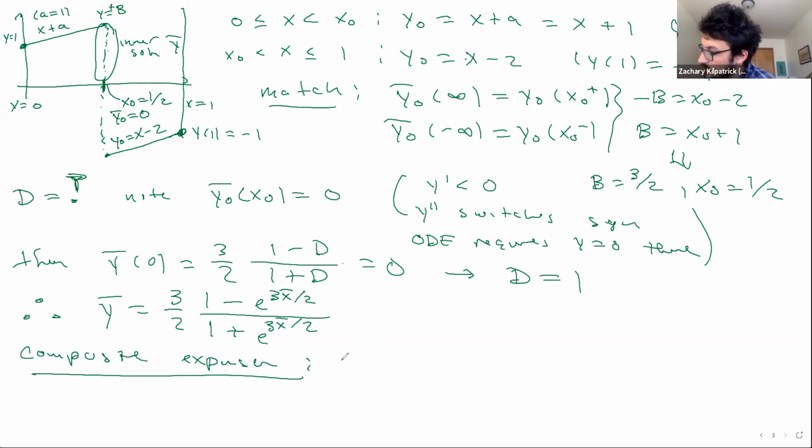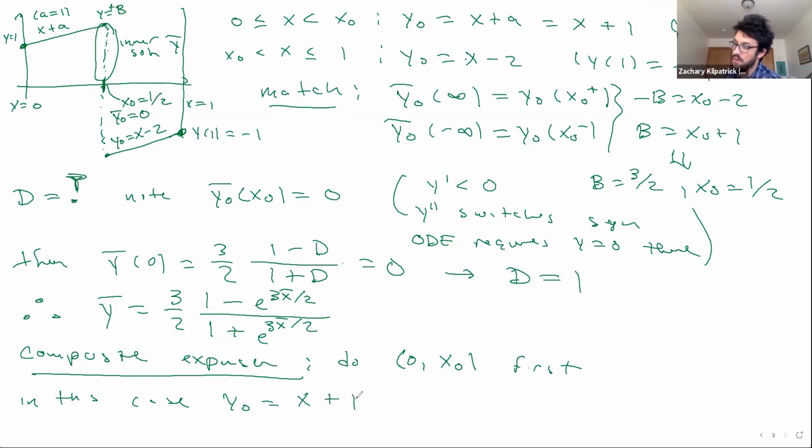So we'll do 0 to x0 first. In this case, we have that y0 is equal to x plus 1, okay?